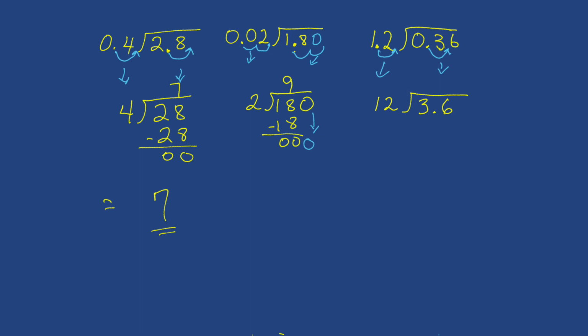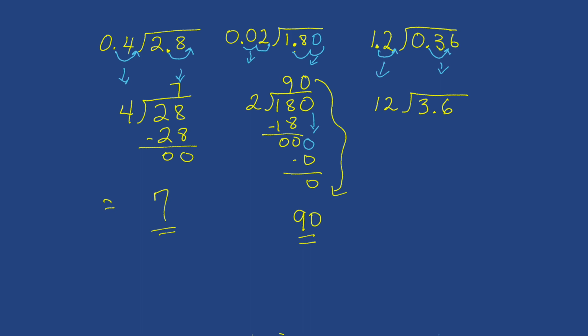If it's nothing to start with, we still have nothing. So we have 0 up here, and 0 times 2 is 0. Subtract, and there's your answer. It is 90.